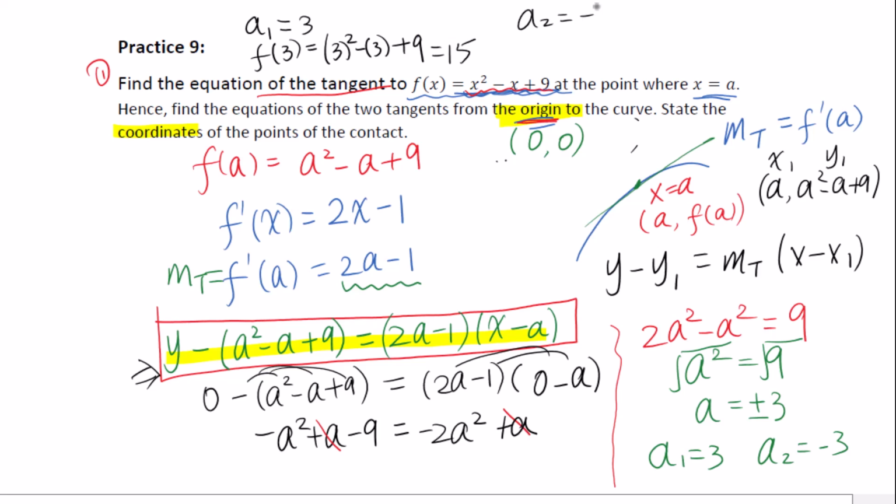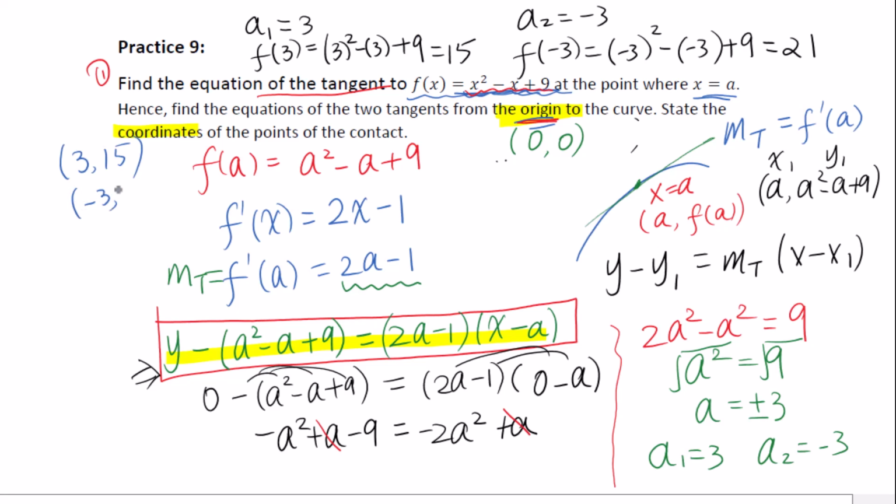A2 equals negative 3. F of negative 3 equals negative 3 squared minus negative 3 plus 9 equals 21. So the final answer will be 3, 15 and negative 3, 21.